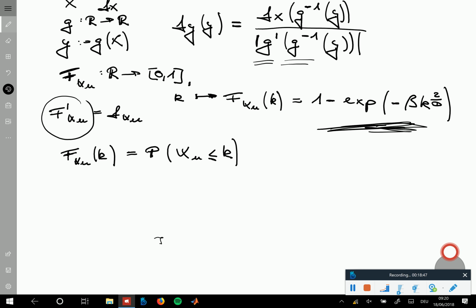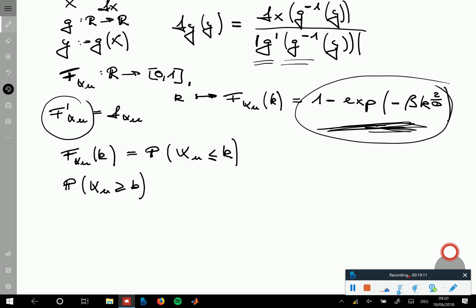What we will need later is the probability that a cluster takes on a value larger than k, which is of course then 1 minus the probability that it takes on a value smaller or equal to k. This is the density function. So if we do 1 minus this function, then we get 1 minus 1, that's 0, plus this, because we take 1 minus the whole thing, and then we get this fairly simple expression, exponential of k to the power of 2/d.